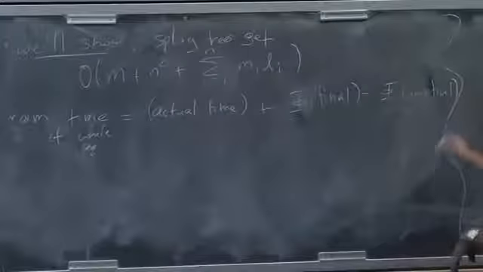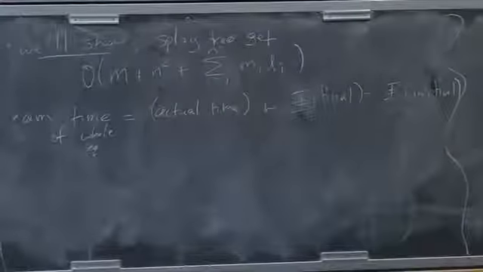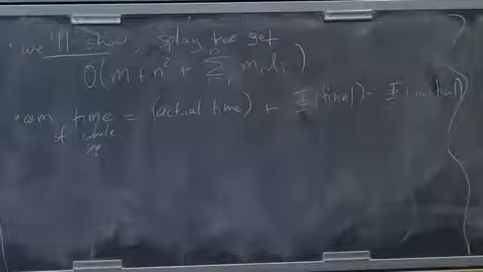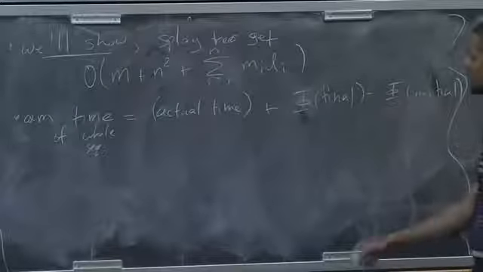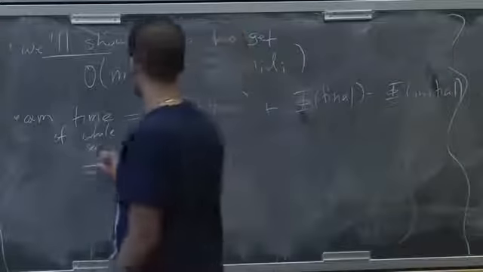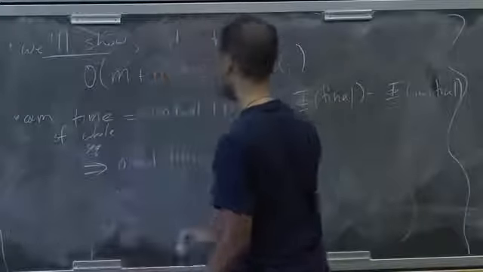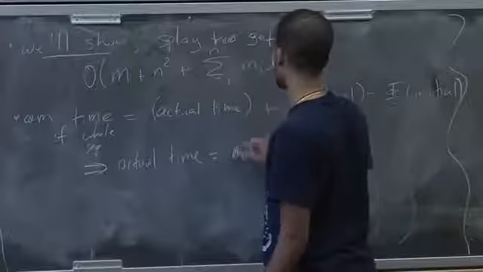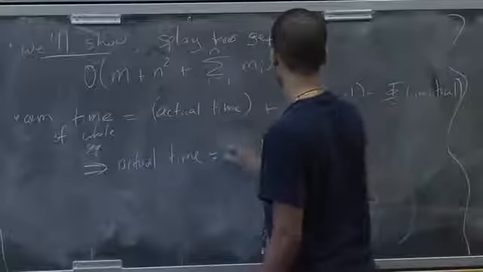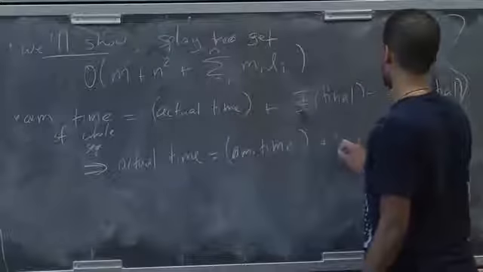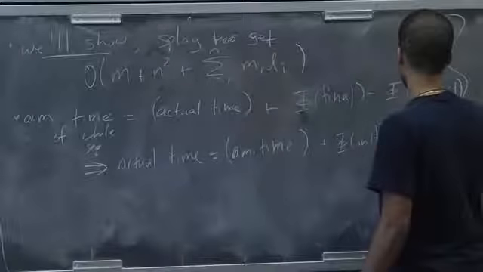Remember, we're not starting with the empty tree. The tree started in some configuration, and then we kept running finds according to this access sequence. So this implies that the actual time is equal to the amortized time plus phi initial minus phi final.